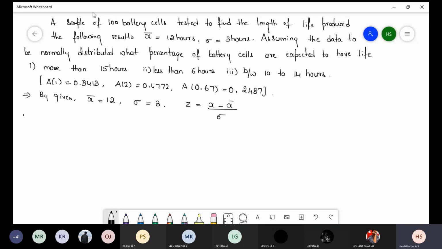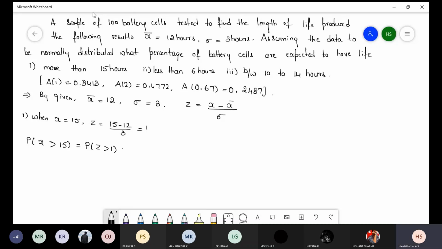So first one, when X is equal to 15, more than 15, Z is equal to 15 minus 12 divided by 3. There we get 1. So P of X greater than 15 is equal to P of Z greater than 1.